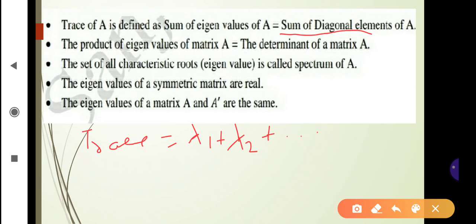Then next, the product of eigenvalues of the matrix A is nothing but the determinant of A. That means determinant of A equals lambda 1 into lambda 2 into lambda 3 and so on, for whatever eigenvalues are there.